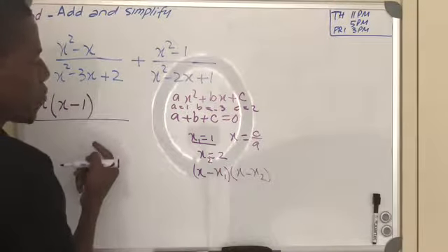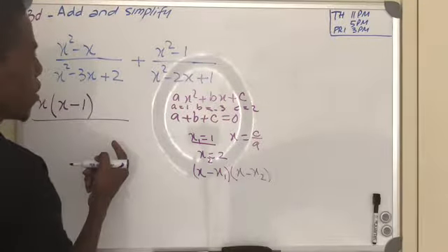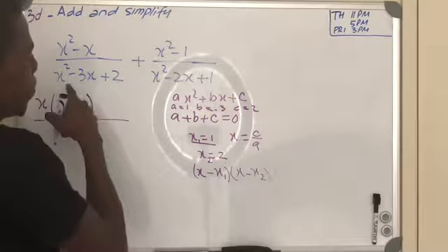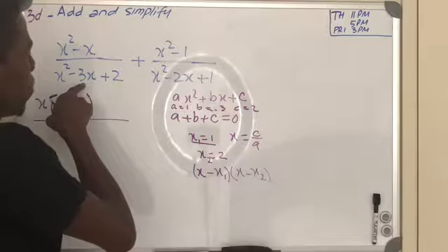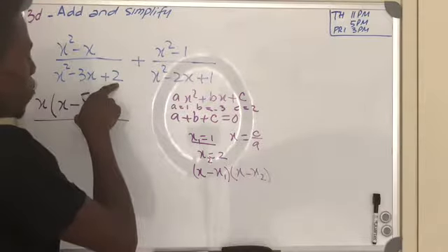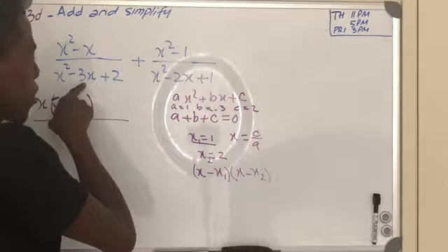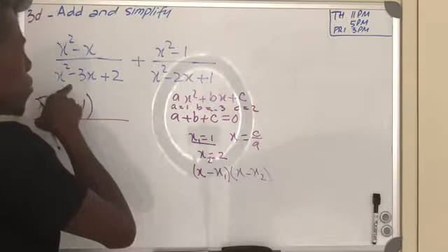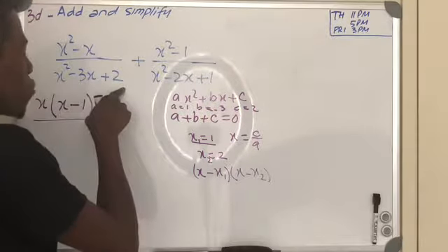That's one way you can factor it out. Another way is you can find two numbers that, when you multiply them, give you 2, and when you add them, give you 3. That way you can find the solution to factor out your trinomial.